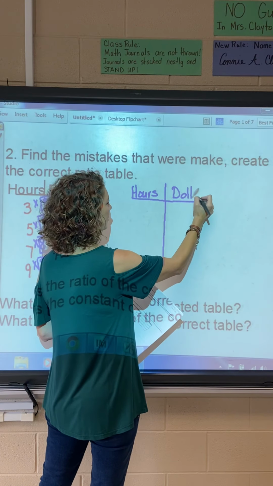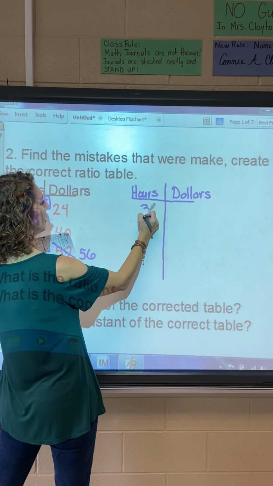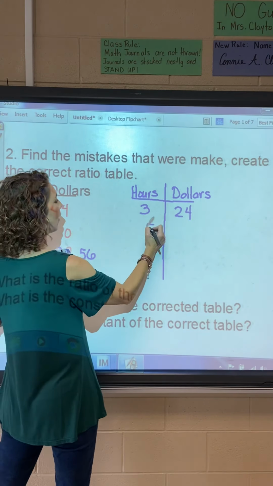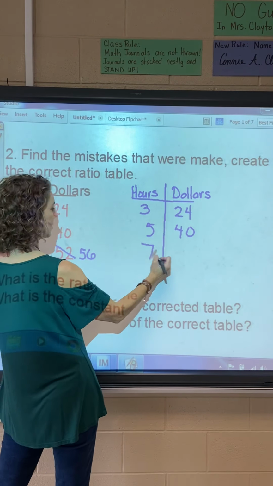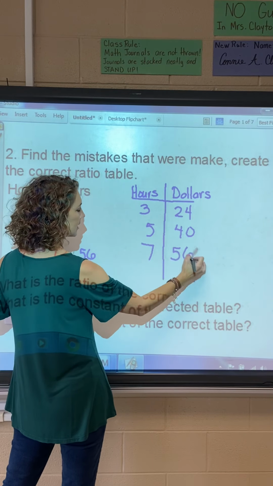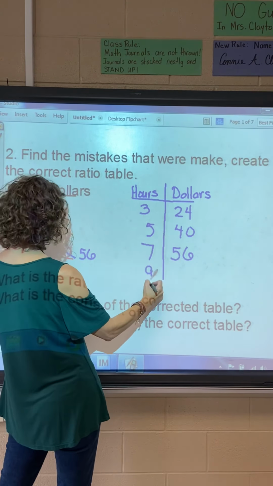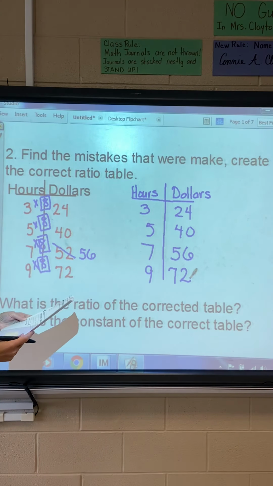I'm just going to shorten that to dollars. And our correct chart should be 3 hours, $24. 5 hours, $40. 7 hours, $56, because I'm multiplying by 8 each time. And 9 hours, $72.